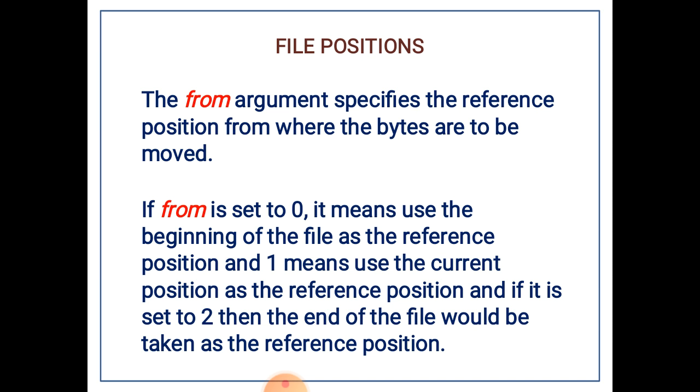Here we see that from has three positions: 0, 1 and 2. If from is set to 0, it indicates to use the beginning of the file as the reference position.